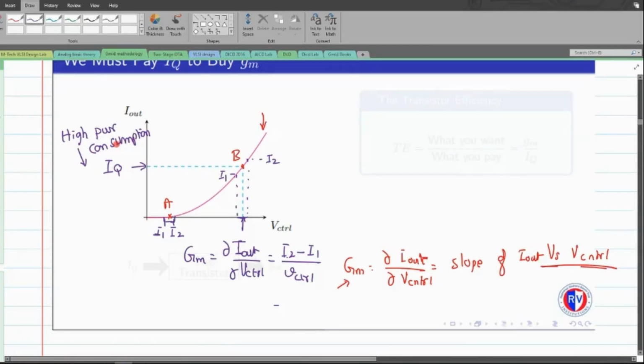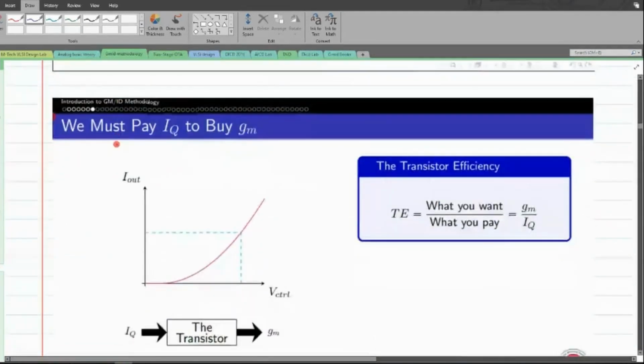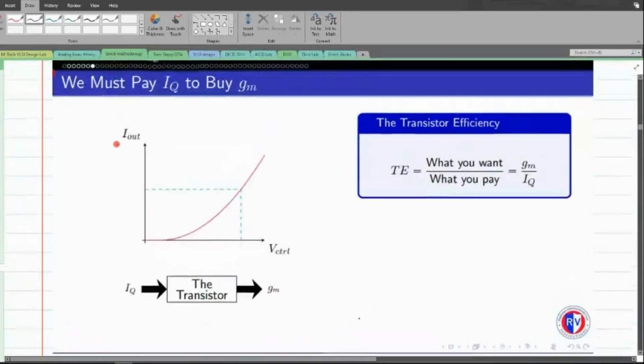Now if I assume the transistor as a system, the input to the transistor is basically the bias current IQ, which is defined as something like this. And you apply a small perturbation over here, and this perturbation in turn creates what is known as the GM. So we are considering that this perturbation is happening inside this particular transistor through some other input.